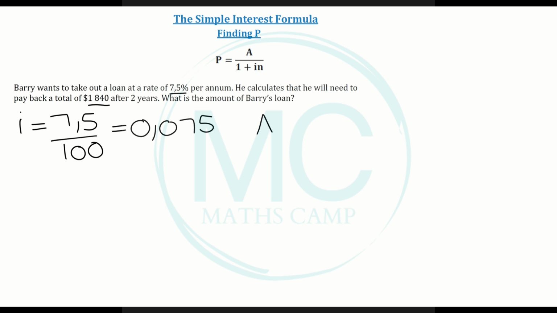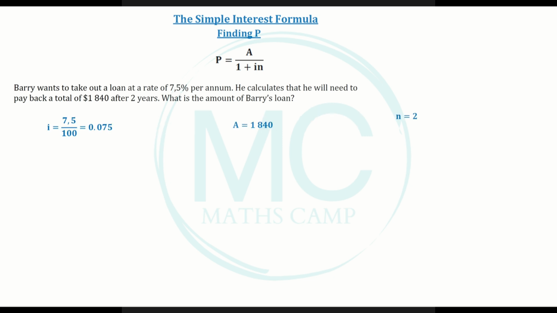So we can say A is equal to 1,840. And he will pay this off over 2 years. This is the duration. So N is equal to 2. Now that we have these values, we can put them into the formula.